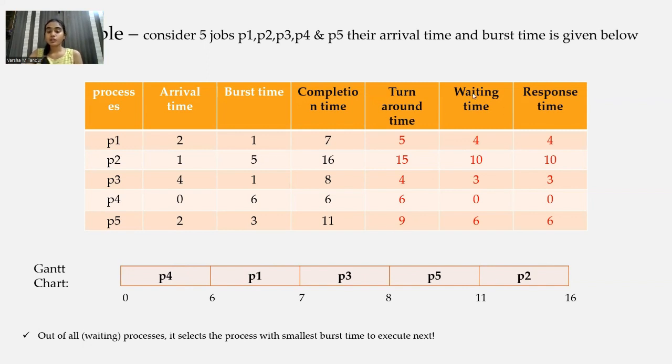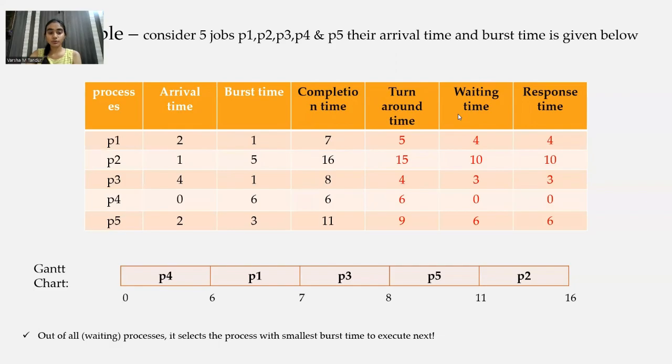Now for the turnaround time and waiting time, as I said, the formula for turnaround time is the completion time minus the arrival time. And for waiting time, the formula is turnaround time minus burst time. So once you get the column of completion time, it is easier to find the other two.